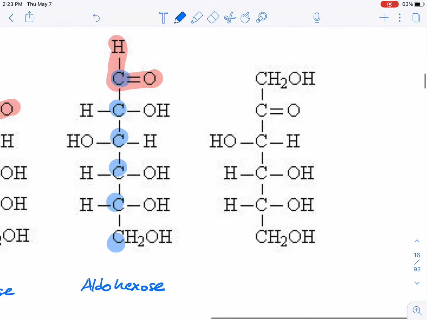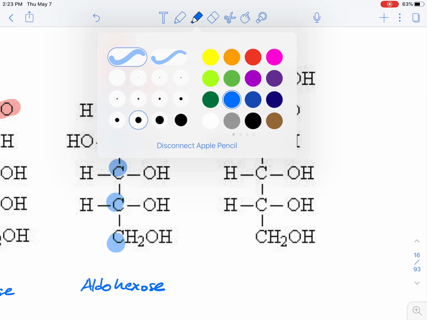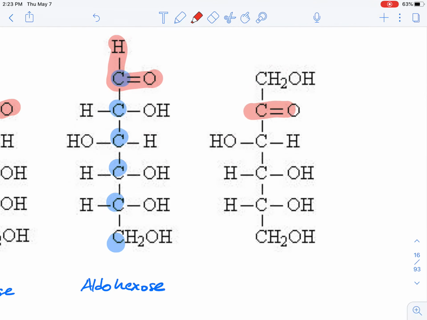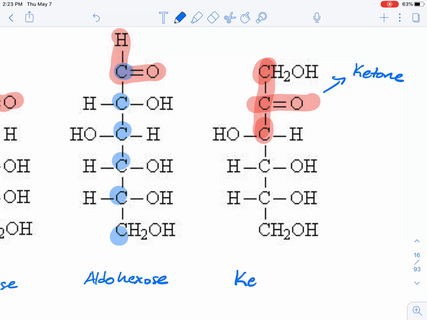If you look at the last example here, we have a carbonyl group that is wedged right in between 2 carbons. So all of this is going to be a ketone, and I'm probably going to be using the prefix keto.